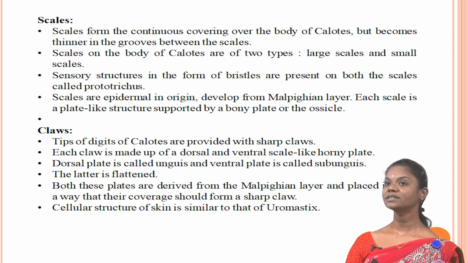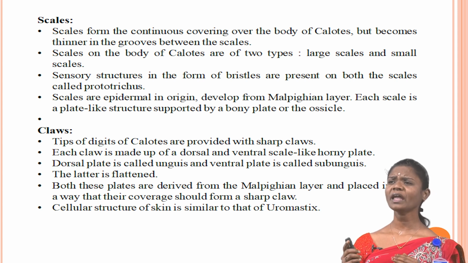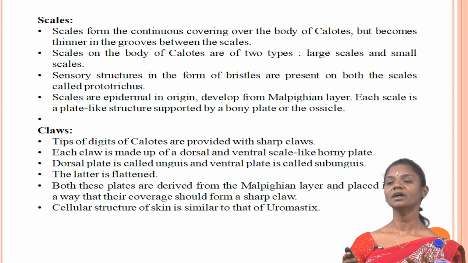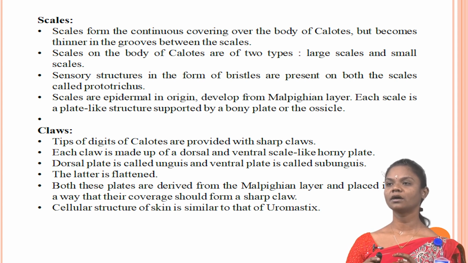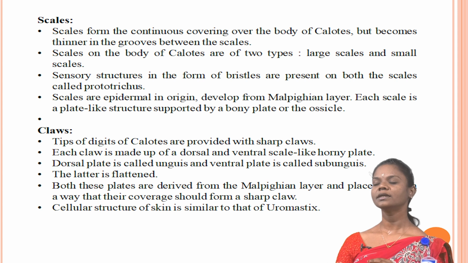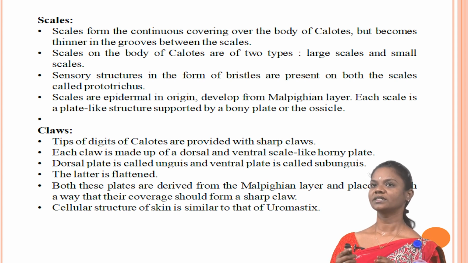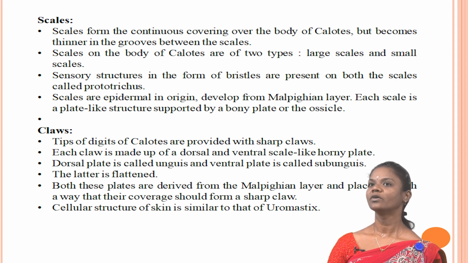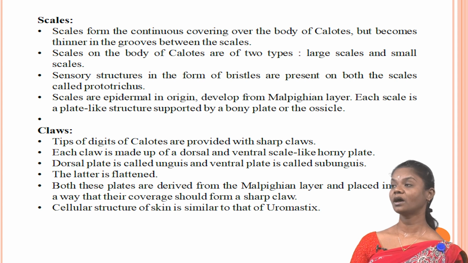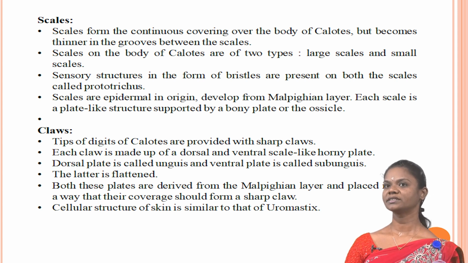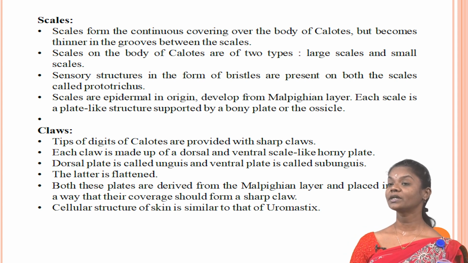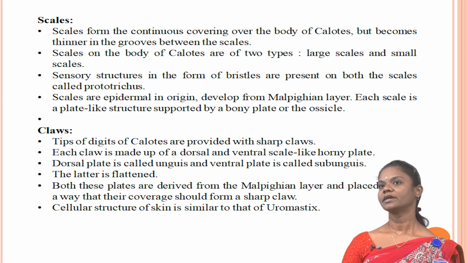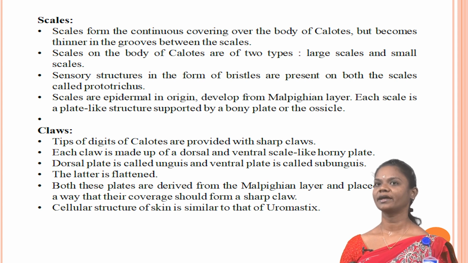The large scales are present in the head and trunk region. Small scales are present in the tail and limbs. Sensory structures in the form of bristles, called prototrichia, are present on both kinds of scales. They are active sensory organs.